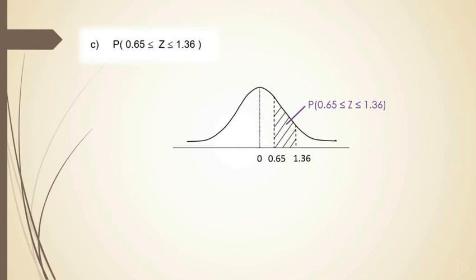Just that the area involved is not the area of upper tail. To get the area we want, we can use the area of the upper tail of 0.65 minus the area of the upper tail of 1.36. And the areas of these upper tails can be obtained from the normal distribution table.